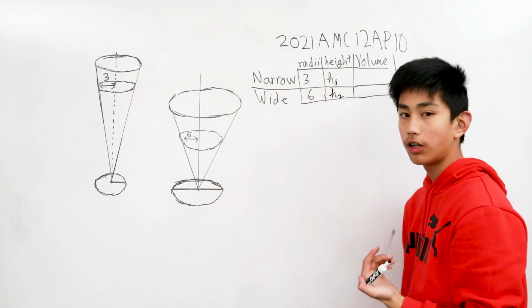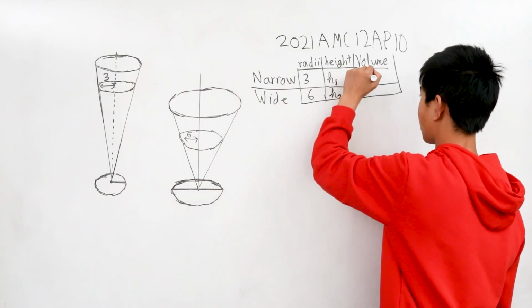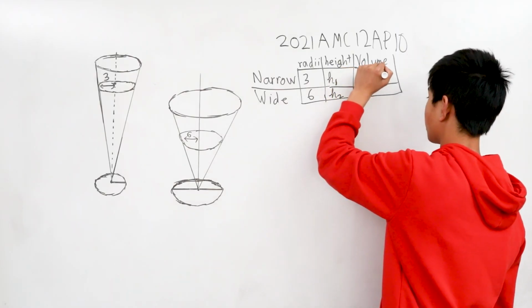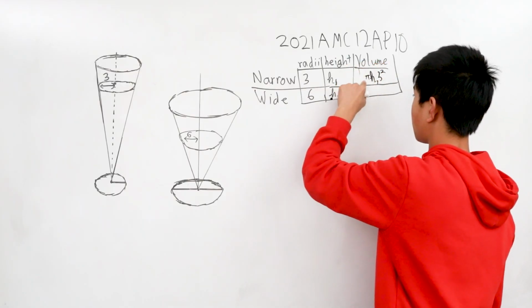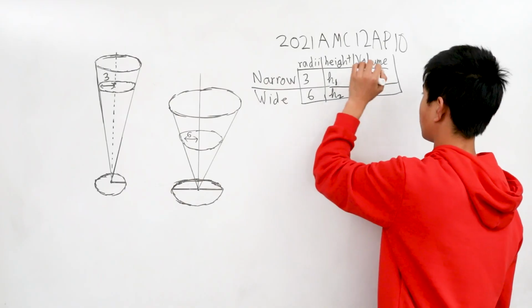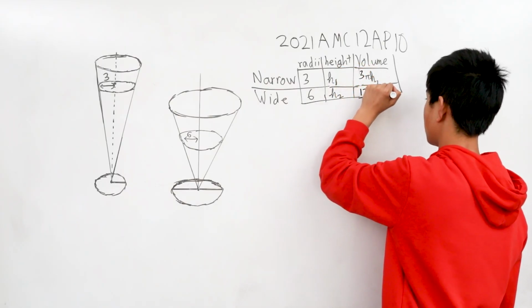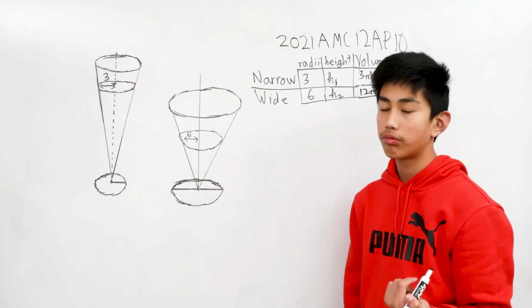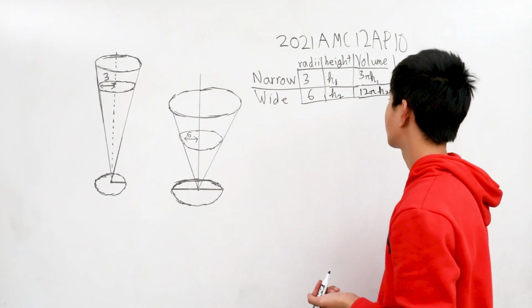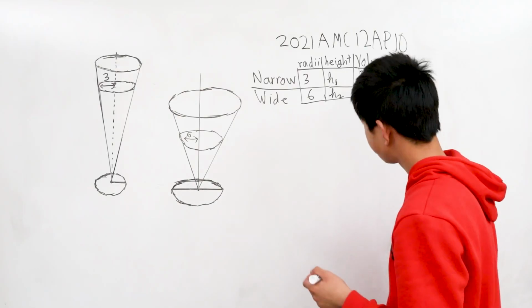Therefore, the volume of the narrow one is 1/3 pi h1 times 3 squared, or just 3 pi h1. Similarly, this is 12 pi h2, because 6 squared is 36, and the 3 from 36 cancels out with the 1/3 from the original volume of a cone.